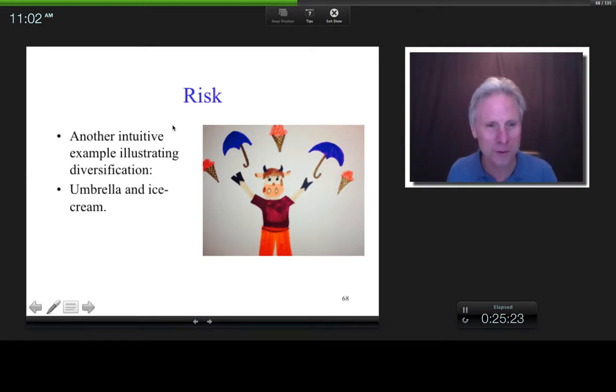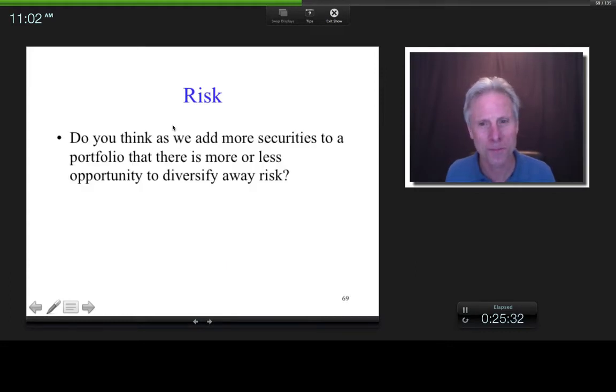I'm able to get rid of some risk because I choose to hold stock as part of a well-diversified portfolio. So here's my question. As I add more securities to a portfolio, do you think there's more opportunity or less opportunity to diversify away risk?